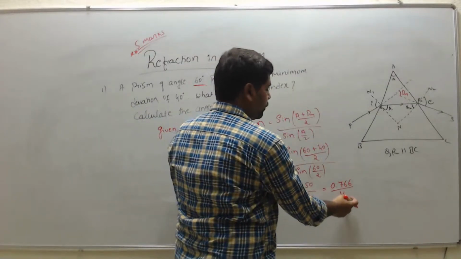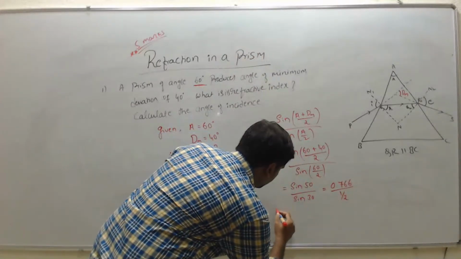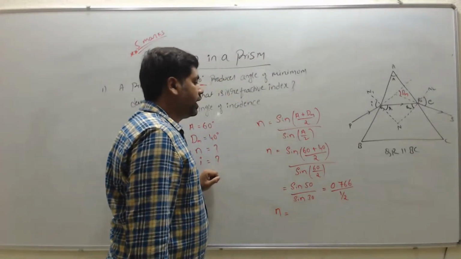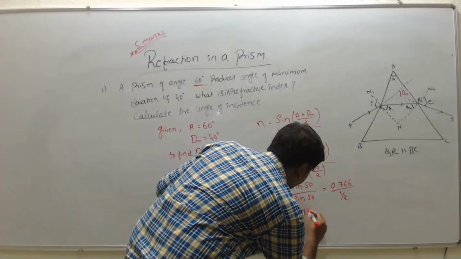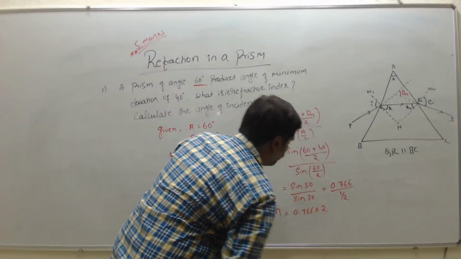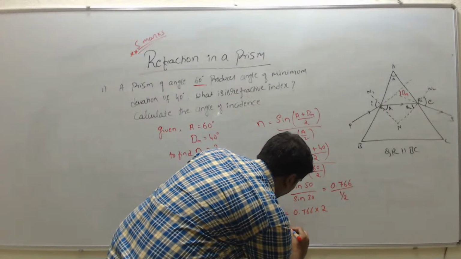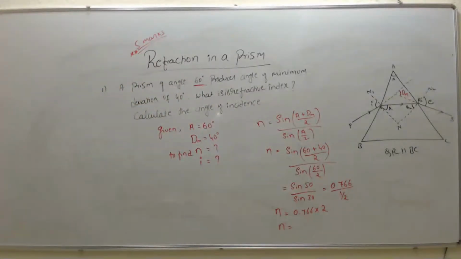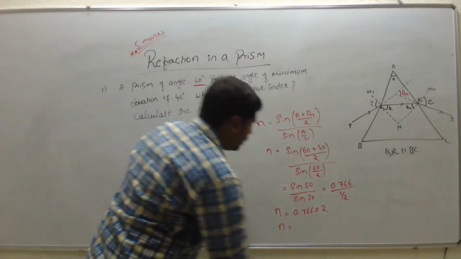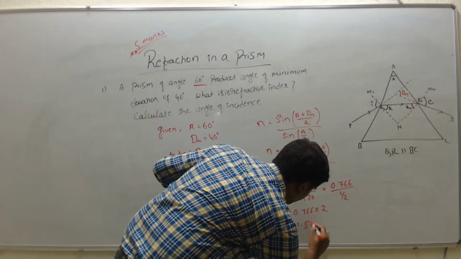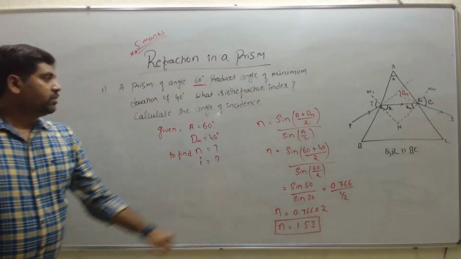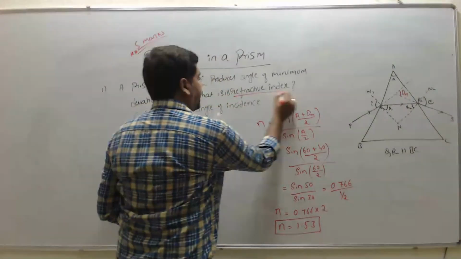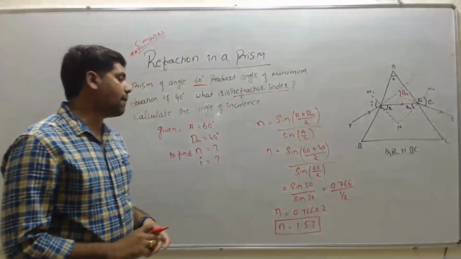So n is equal to 0.766 into 2, that is 1.53. This is the refractive index by using the prism formula.